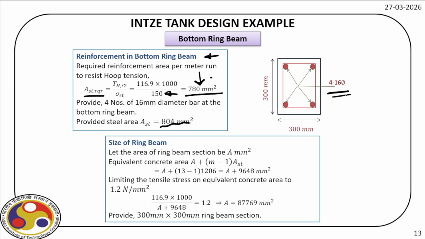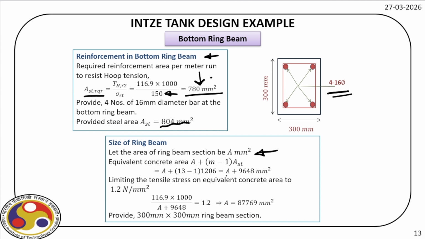So you can see here, ring beam dimension is 300 by 300, and then we have 4 16 diameter bars. Now, size of the ring beam, again we follow the same procedure. Let A be the area in millimeter square, and then equivalent concrete area you have to find out.